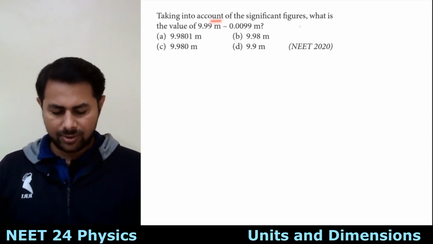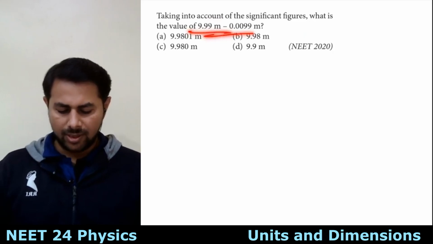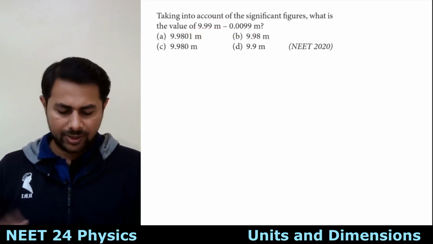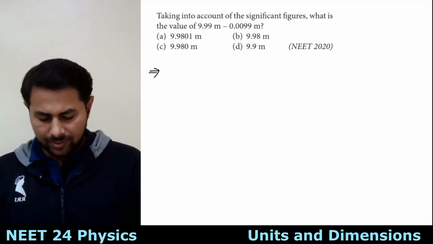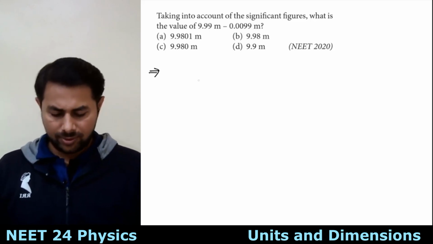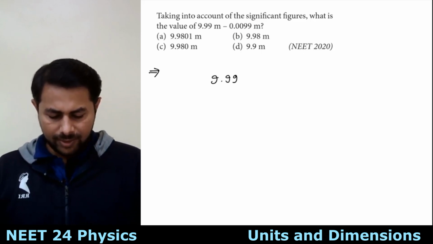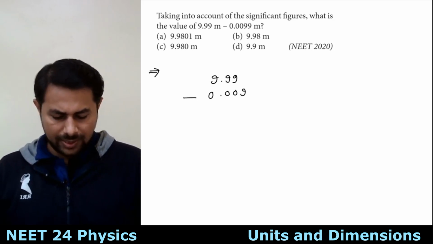Taking into account the significant figures, what is the value of this thing? 9.99 minus 0.0099. Tell me. So you have 9.99 and you need to subtract 0.0099 out of that.